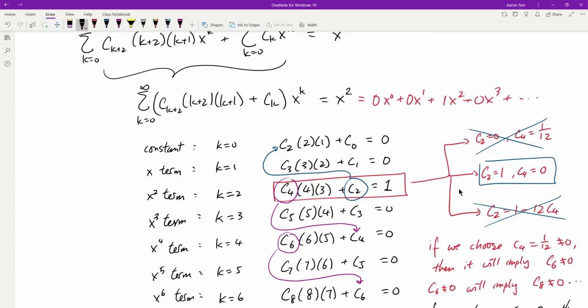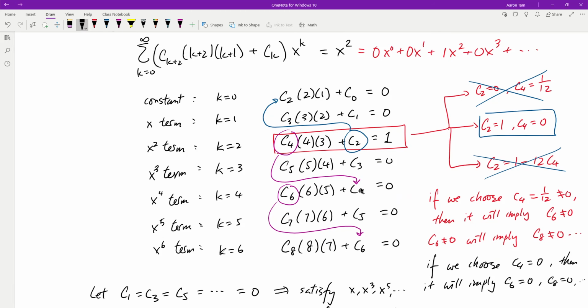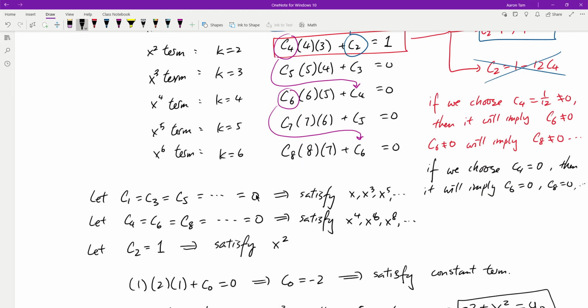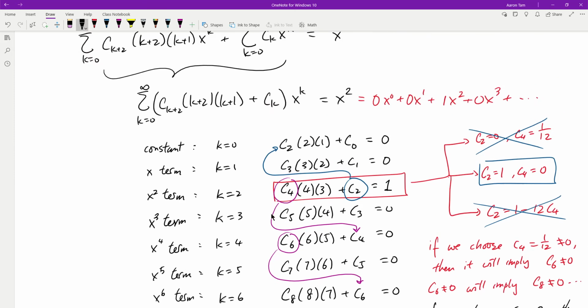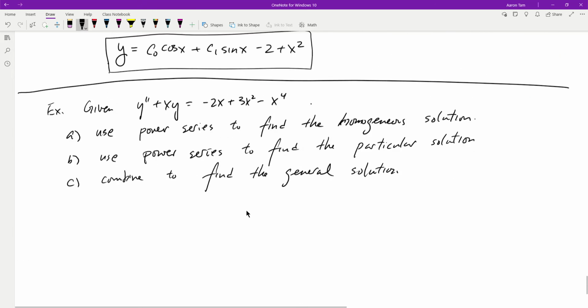And the key is to try to make as many of these coefficients, c sub 0, c sub 1, c sub 2, c sub 3, c sub 4, and so on and so forth, equal to 0, so that I can form the particular solution easily without going through another power series. So here we just try to set as many of them as 0 and only focus on the fewest number of c sub k that don't have to be 0 to satisfy all of this equation at the same time. So that's the basic goal. Let's see if we can do that here.